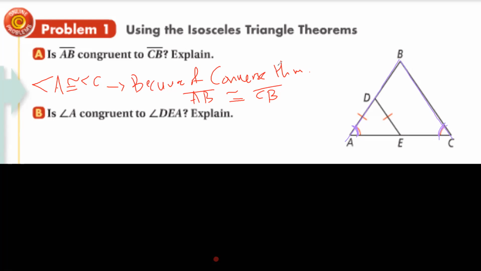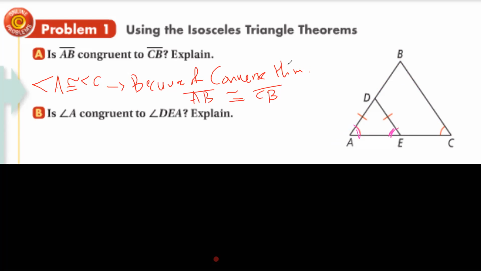The second one: can I say now that angle A is congruent with angle DEA?